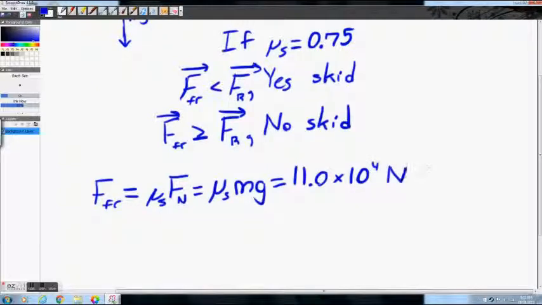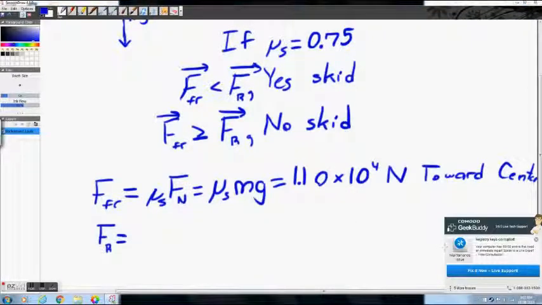The maximum force of friction we can extract from the pavement will be 11,025. With three significant figures, 60.0, 20.0, we'll write 11.0 times 10 to the fourth newtons. This is toward the center.